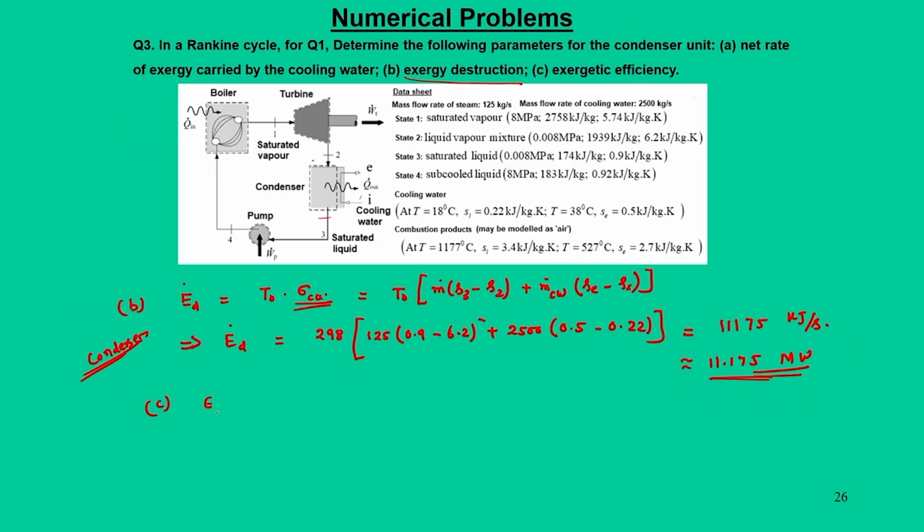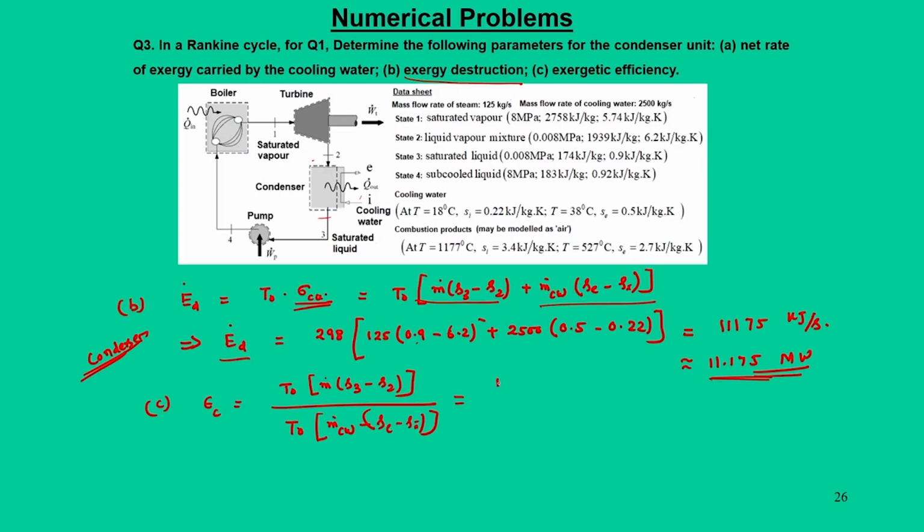Then we are now able to find out the exergetic efficiency for the condenser. So, we say epsilon C as T0 into m dot S3 minus S2 divided by T0 into m dot Cw into Se minus Si. So, this is nothing but these two separate terms which were calculated in the exergy destruction.